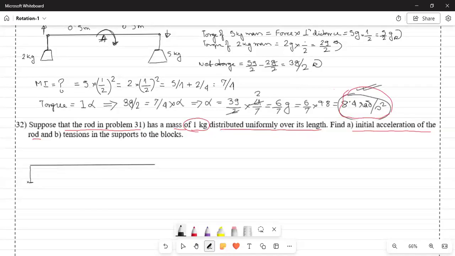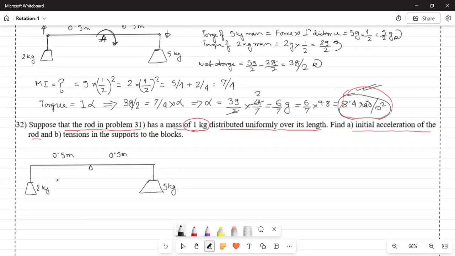There is a 2 kg mass and there is a 5 kg mass. Once again, similarly, it is pivoted at the center. This length is 0.5 meter and this length is also 0.5 meter.